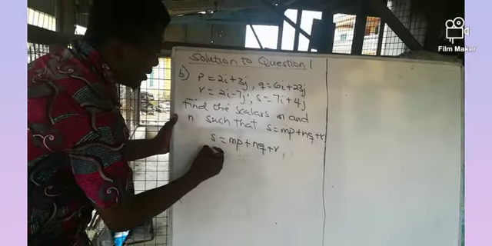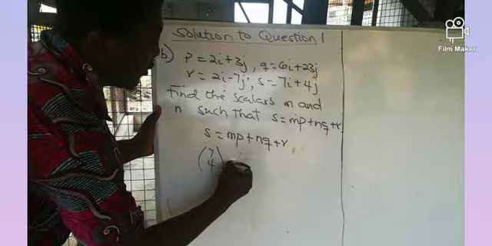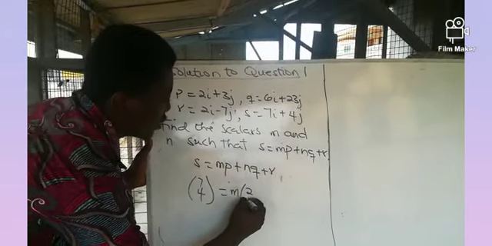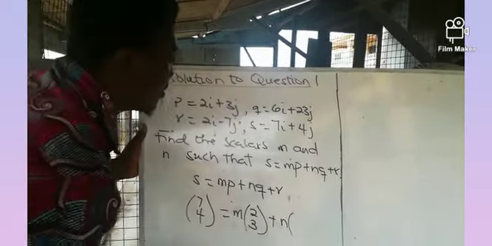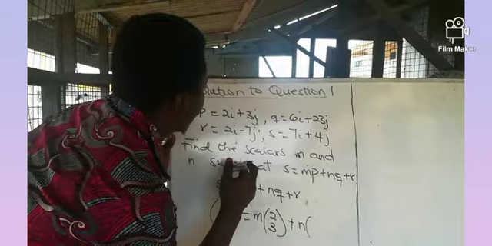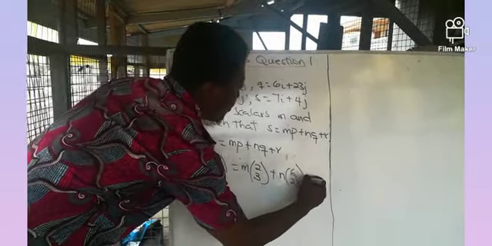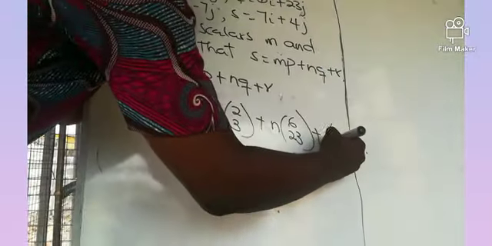So s is the same as 7, 4, which is equal to m times p. What is p? P is 2, 3, plus n times q. And our q is 2, 3, plus r, and our r is 2, minus 7.